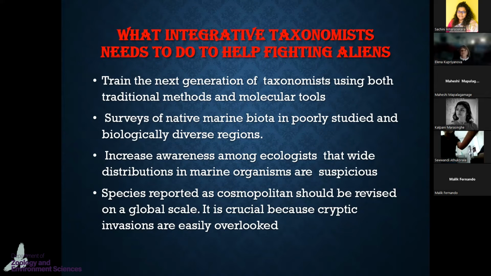Surveys of native marine biota in poorly studied and biologically diverse regions are crucial. Also, we need to increase awareness among ecologists that wide distribution in marine organisms is highly suspicious. And finally, species that are reported as cosmopolitan should be revised on a global scale. It's crucial because cryptic invasions are easily overlooked.